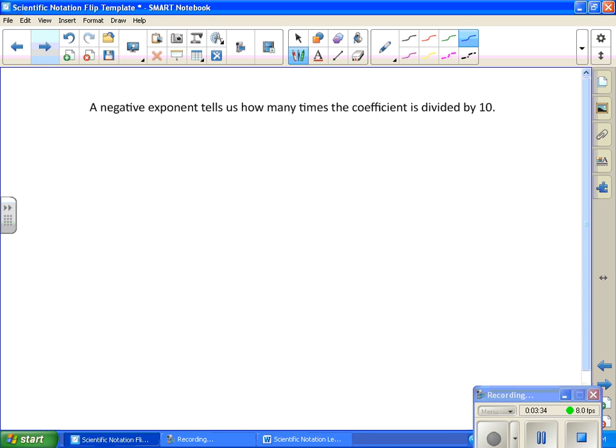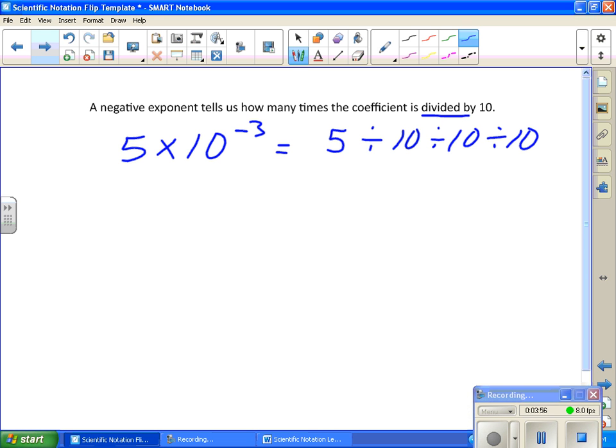A negative exponent tells us how many times the coefficient is divided by 10. For example, if we have the number 5 times 10 to the negative 3rd power, what this is really telling us is 5 divided by 10 divided by 10 divided by 10.